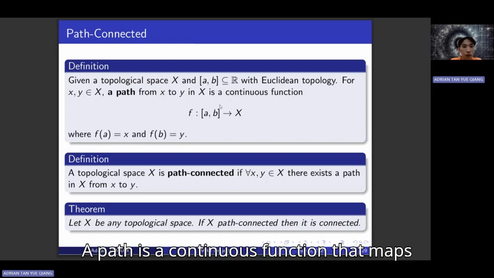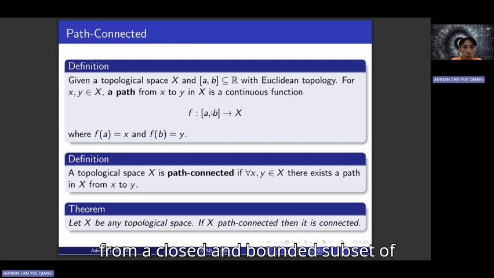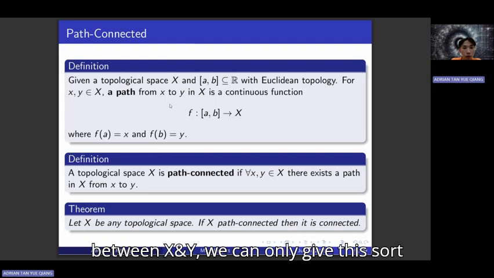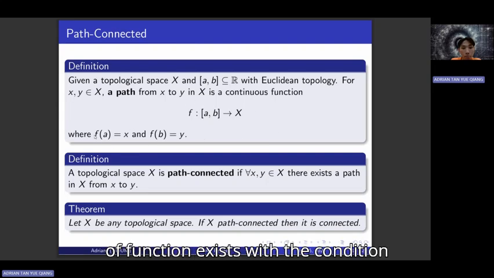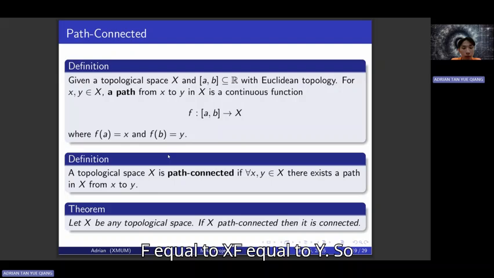A path is a continuous function that maps from a closed and bounded interval of R to our space X. We say that there is a path between x and y if such a function exists with the condition f(0) equals x and f(1) equals y. Straightforwardly, if a topological space is path connected, then every pair of points in X must have a path between them.